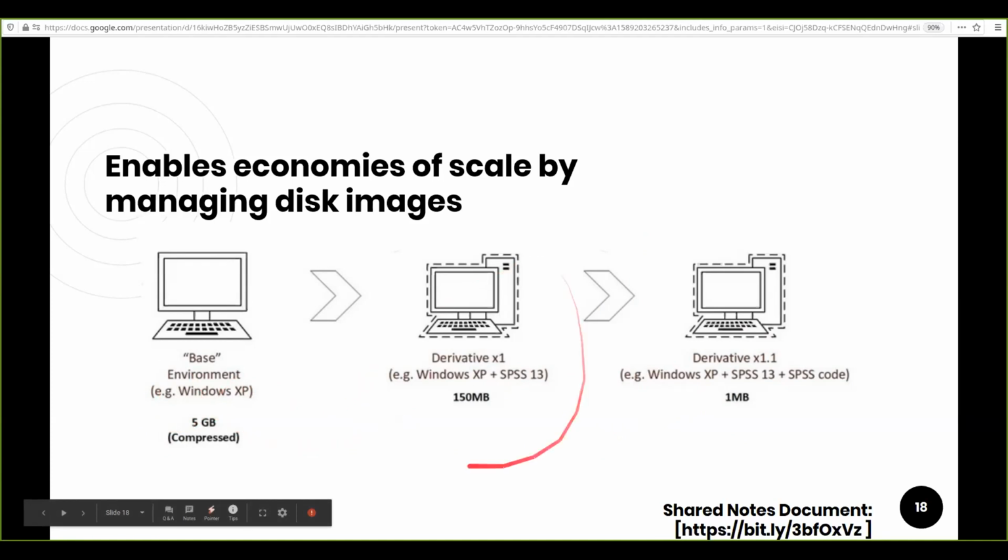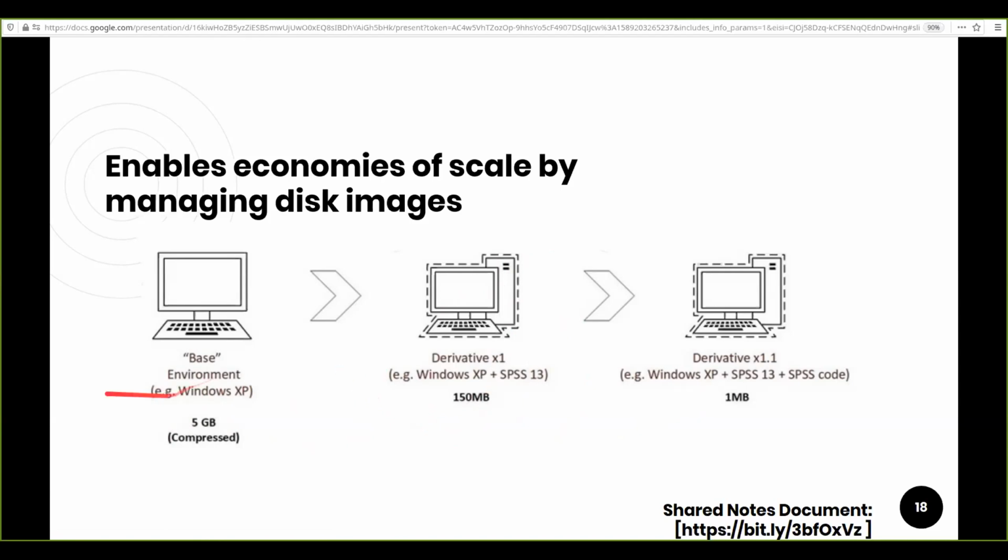Even once you've installed SPSS 13, after starting in Windows XP, you installed a program, you saved that as its own derivative, and then you installed code and saved that as another derivative. Each one of those you can return to if we had a different data set that also required SPSS 13, but we didn't want to save it in the same place as our original data set. We could do that. If we wanted to go all the way back to Windows XP and then install Adobe Acrobat or just a completely different program, we could keep returning to the persistent Windows XP environment.